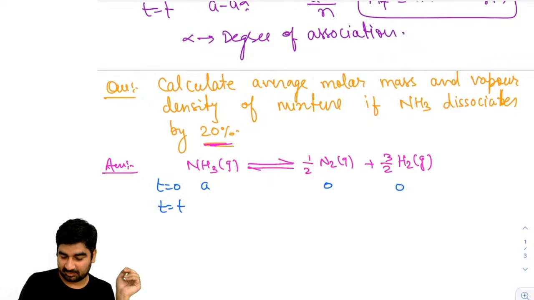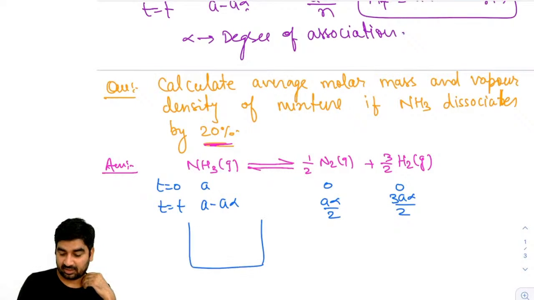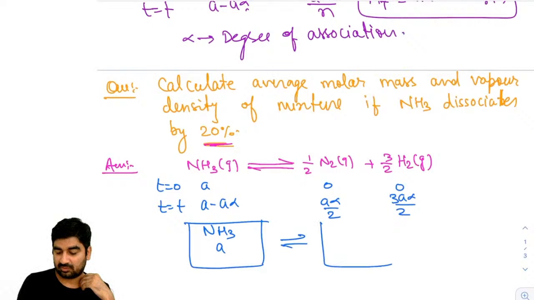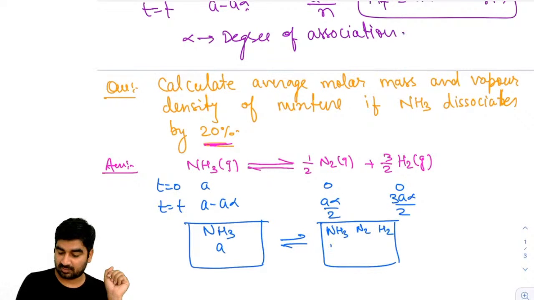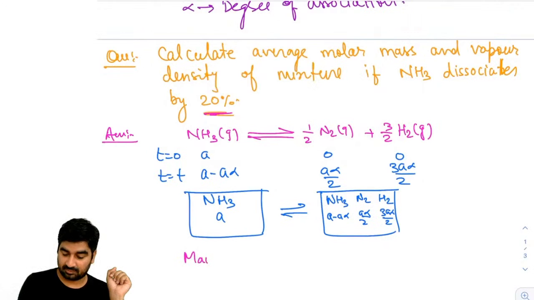So after time t, it will be a minus a alpha by 2 and 3 alpha by 2. Initially, assume you have taken ammonia and a mole of it was present. Once equilibrium is achieved, you will have ammonia, nitrogen and hydrogen. So moles of ammonia are a minus a alpha, and then a alpha by 2 and 3 alpha by 2. So what is M average?